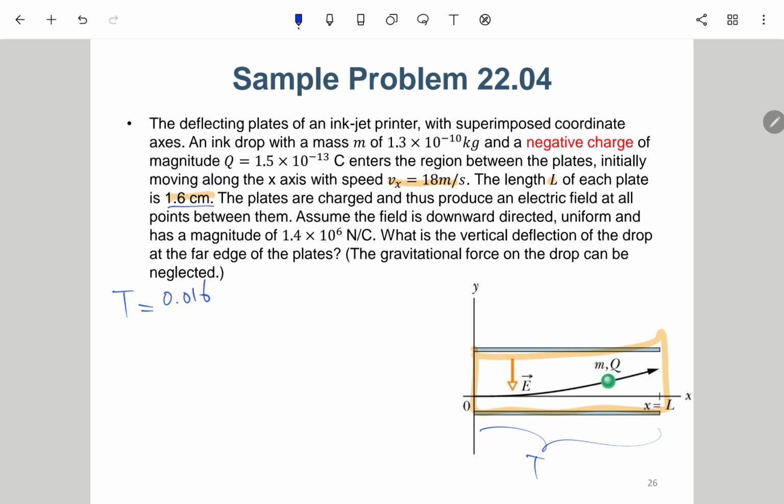Okay, actually cm is not an SI unit, so we need to convert it back to meter. It will be 0.016 meter. So 0.016 over 18, that will be 8.89 times 10 to negative 4 second.